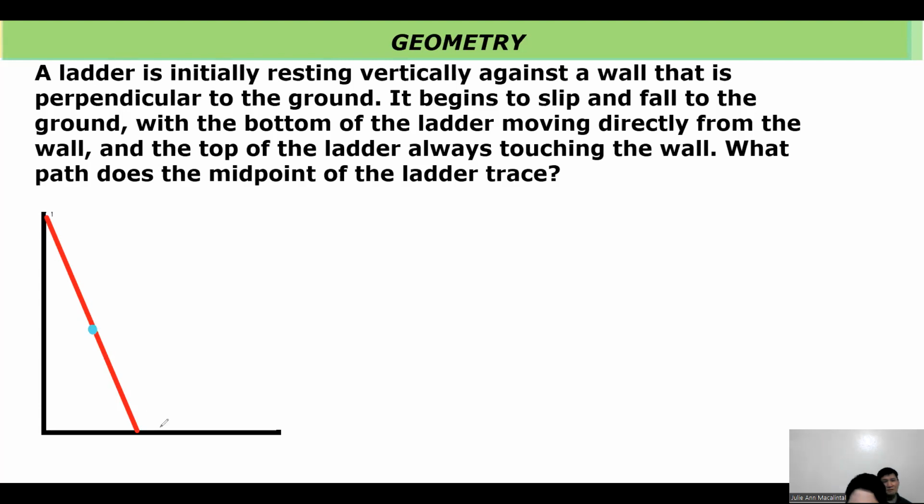Since the wall is perpendicular to the ground, let's put the label here, it's perpendicular. So the wall, floor, and ladder make a right triangle. This is the midpoint, and those two segments are equal. In a right triangle, something special occurs.